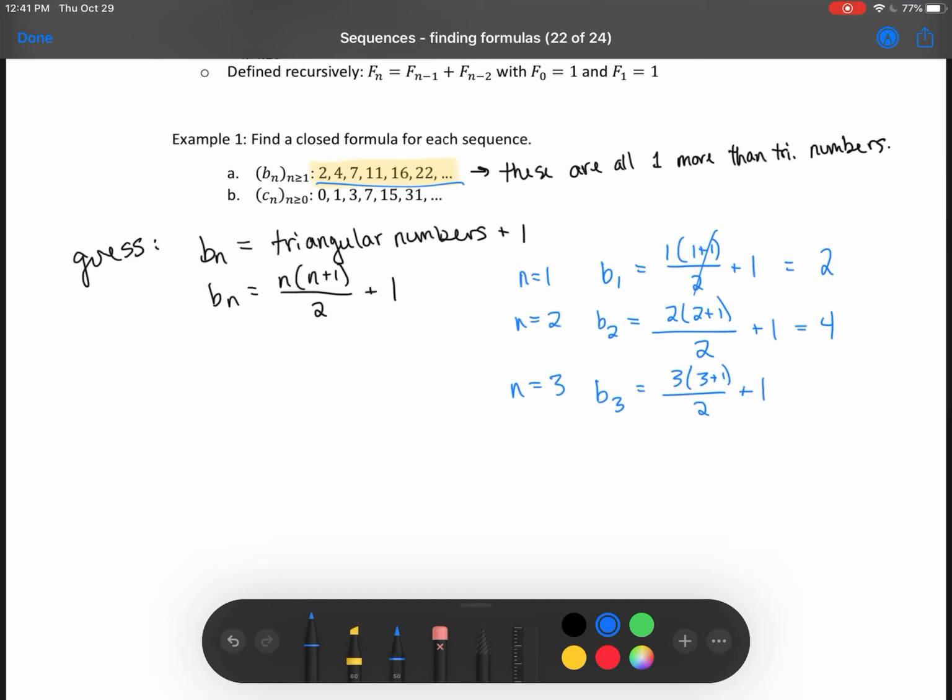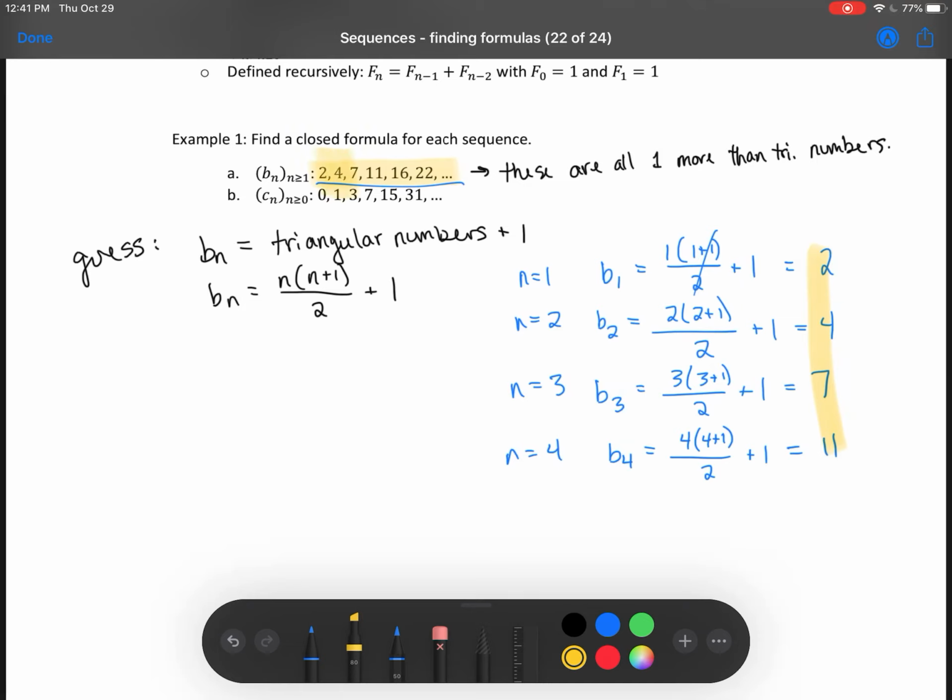So 3 times 4 is 12 over 2 is 6, plus 1 is 7, and again, that's good. We'll check n equals 4 just as one more. So what is that? 4 times 5 is 20 over 2 is 10, plus 1 is 11.